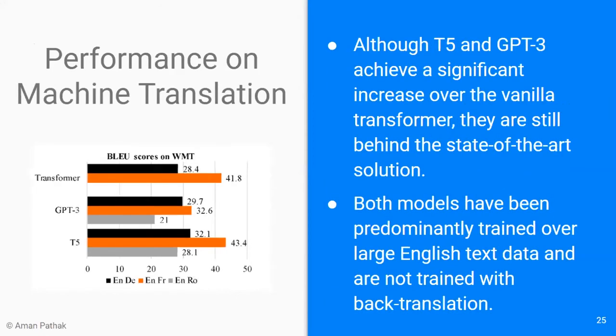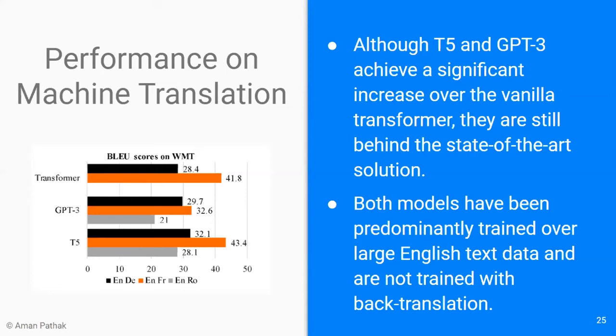We also test the models on the task of machine translation. We see that T5 leads the leaderboard. Although T5 and GPT-3 achieve a significant increase over the vanilla transformer, they are still behind the state-of-the-art solution. There are two reasons for that.